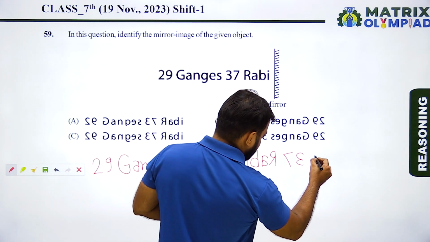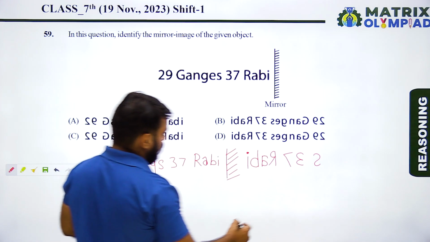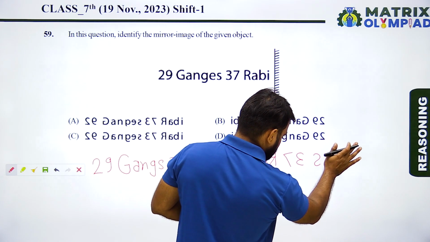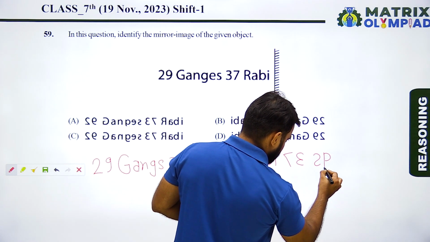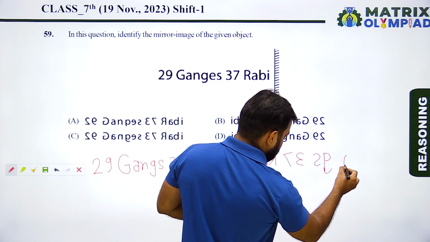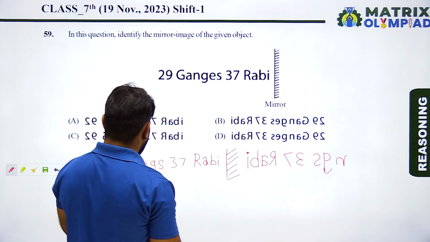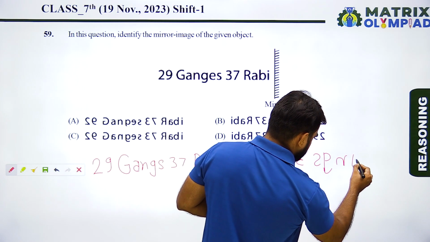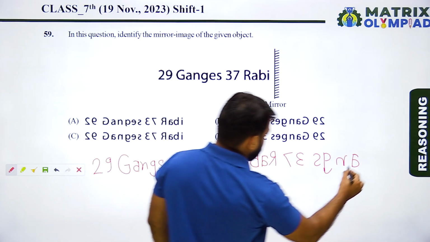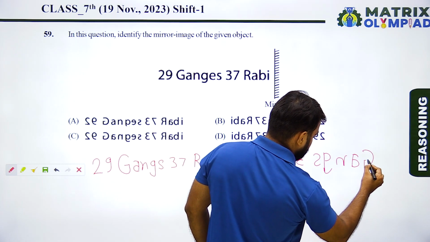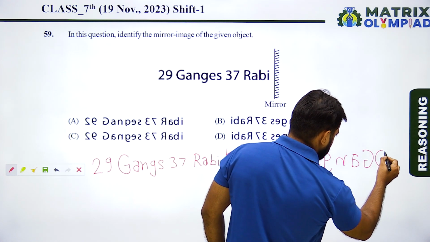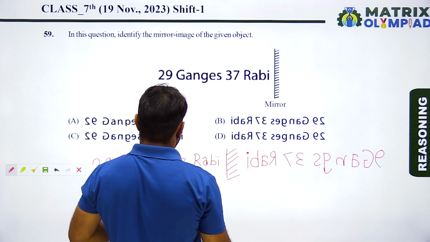Now mirror image of S. Now mirror image of G. Now mirror image of N. Now mirror image of A. Now mirror image of G. Now mirror image of 9. Now mirror image of 2.